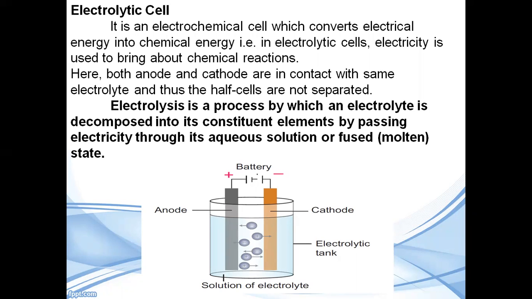The galvanic cell converts chemical energy into electrical energy, but the electrolytic cell converts electrical energy into chemical energy. Same process: the anode and the cathode are in contact with the same electrolyte, and the half cells, the cathodic cell and anodic cell, are not separated.